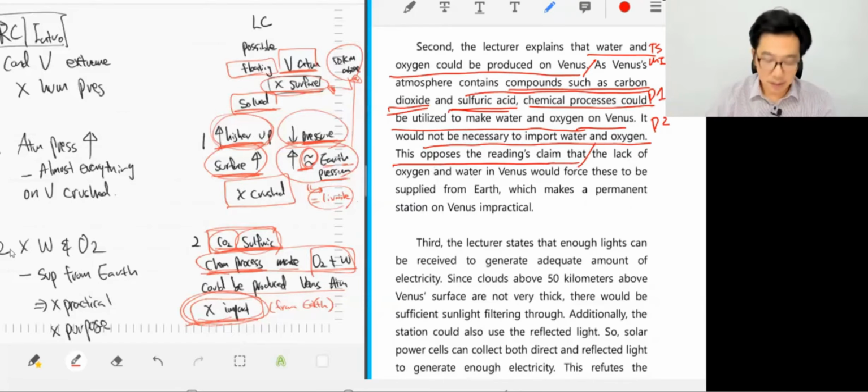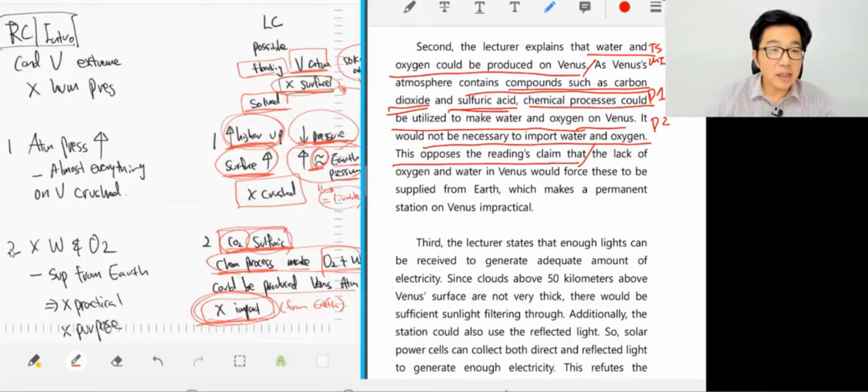So the reading summary is water and oxygen is not available, so it needs to be supplied from Earth, which is ridiculous, cannot be done, not practical. Okay. The lack of oxygen and water in Venus would force these to be supplied from Earth, which makes a permanent station on Venus impractical, pointless.